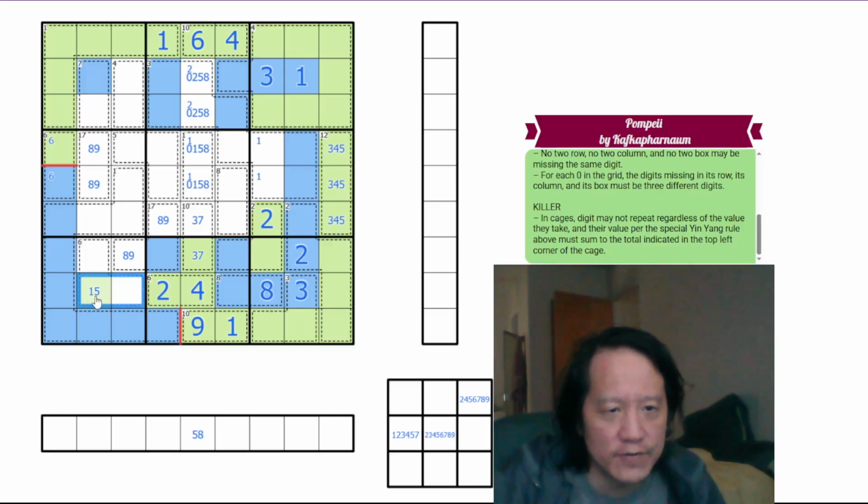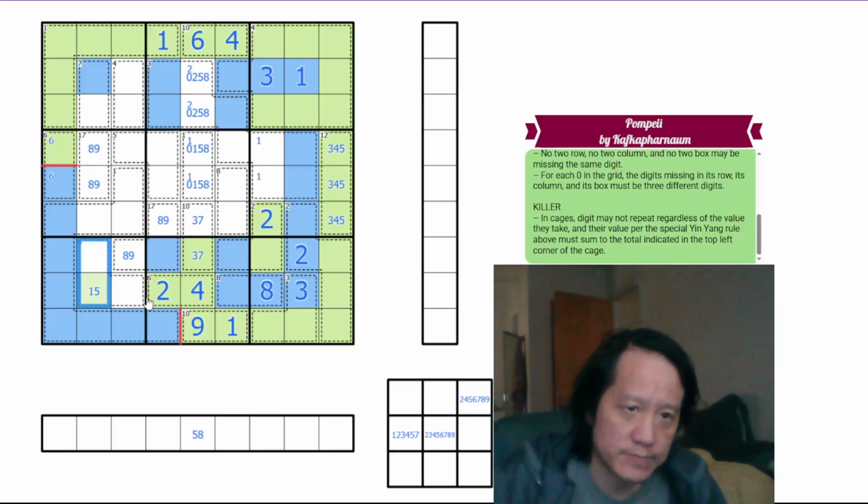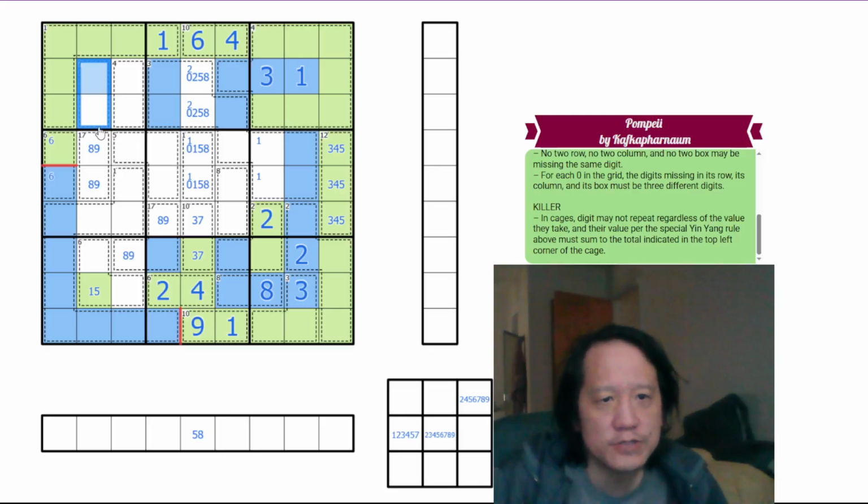So it's either 1, 5 here or 1, 5 that way. This is valid, so it could be... It has to go either this way or this way. We don't know which.